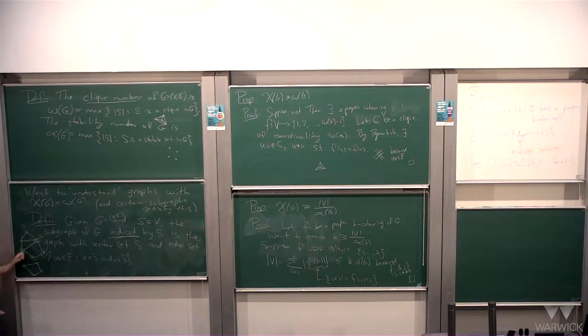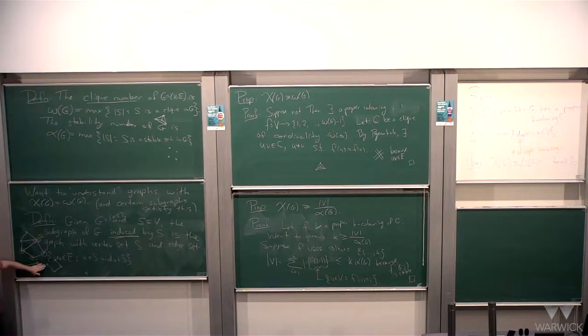You keep the vertices of S, and you have to keep all of the edges within it. If you were talking about just a general subgraph, for example, I could take these 4 vertices and just take a subgraph on these vertices, but for the induced subgraph, you have to include all of the edges within that set.